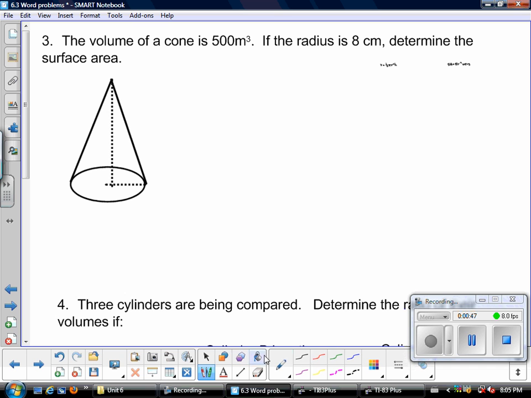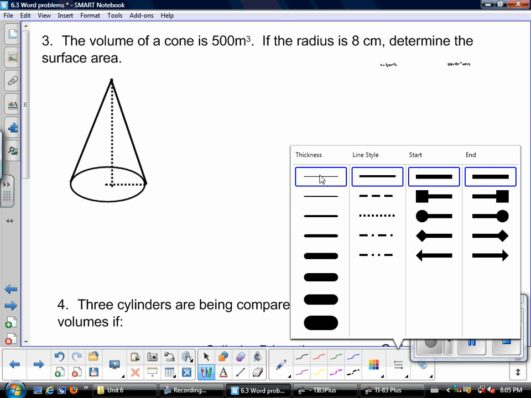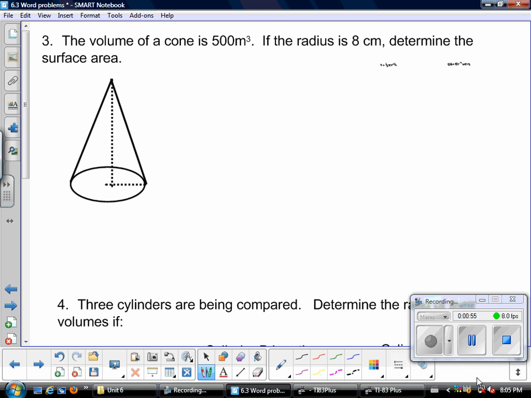So I'm just going to put those letters, and fill in what I do know. So this is the height, this is the radius, and this is the slant height.